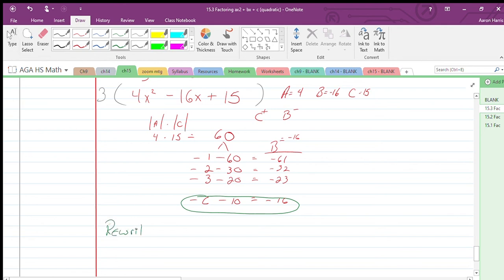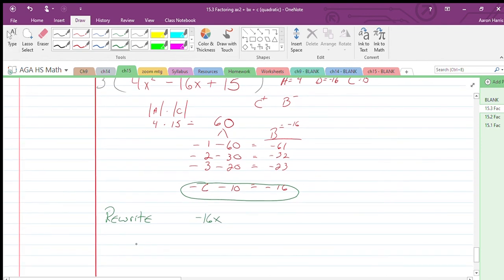So instead of writing a negative 16x, I'm going to split it. So keep the 3. So 3's out front. 4x squared. Split your negative 16x, right? So I'm going to use negative 6x, negative 10x, because right here, negative 6, negative 10, and then keep your plus 15.